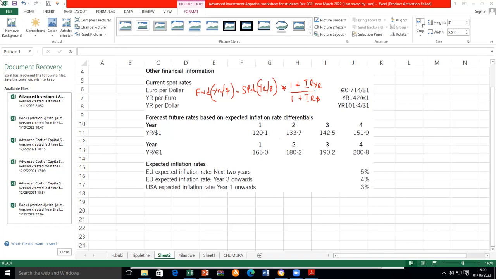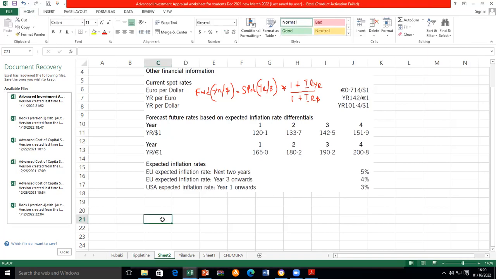Now, the inflation rates were varying here. So now, let us work it out together. You have years 0, 1, 2, 3, and 4.